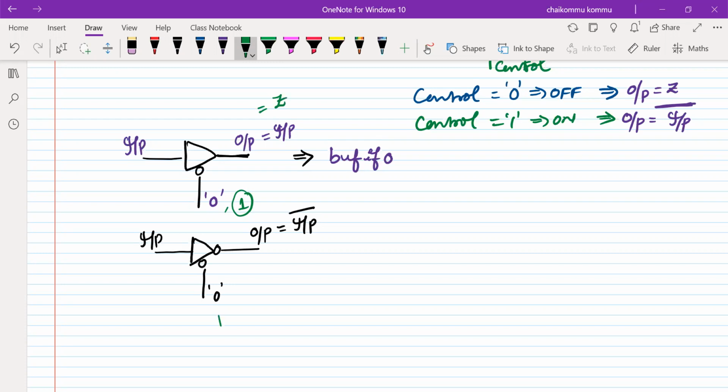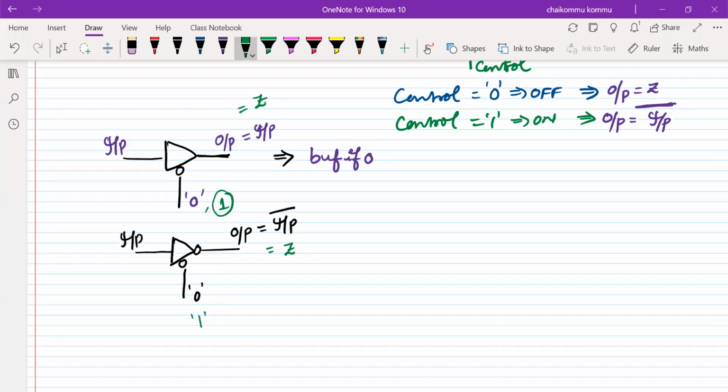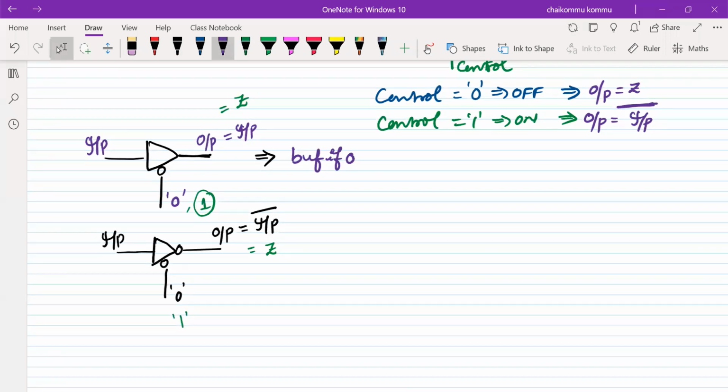Similarly here, if it is logic 1, the output will be high impedance state. So these are the things that I need to consider. Of course, I need to write here notif0. So these are the available gates that we can see in the tri-state concept.